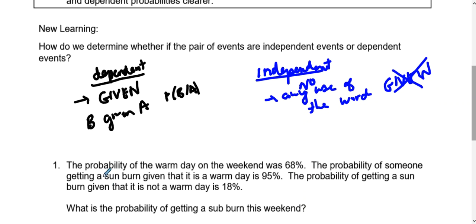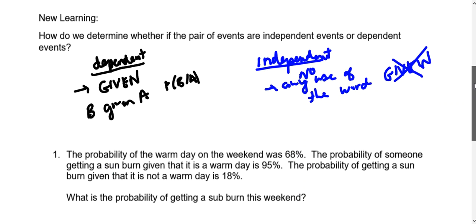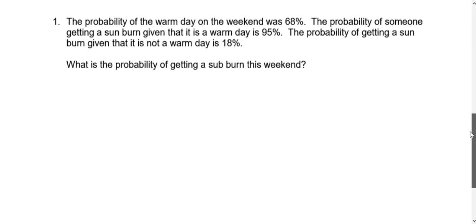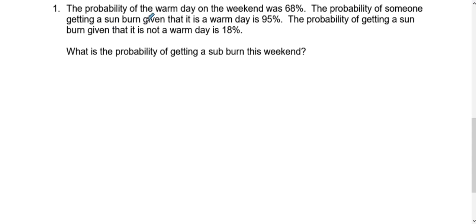Let's look at some of these formulas and questions, and hopefully this will build some bridges moving forward. The probability of a warm day on the weekend was 68%. The probability of someone getting a sunburn given that it's a warm day is 95%. Keyword: given. The probability of a sunburn given that it's not warm is 18%.